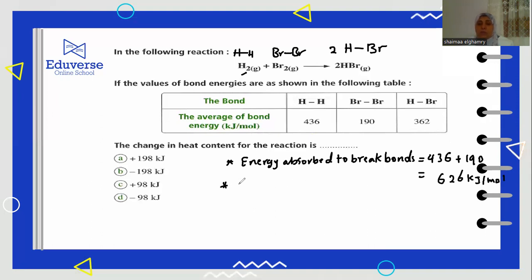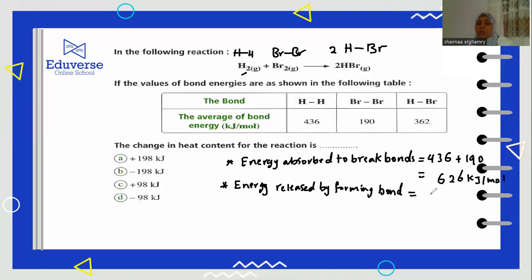Step 2, we are going to calculate the energy released by forming bonds.